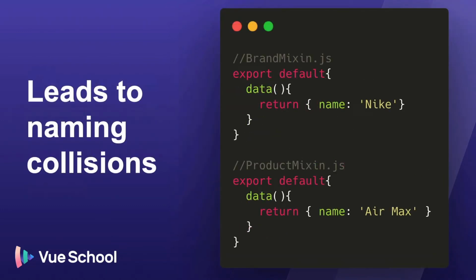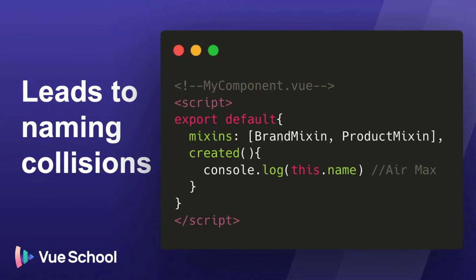Secondly, mixins can easily lead to naming collisions. For instance, you might have a brand mixin and a product mixin that both set a name property. Then, attempting to use both at once would cause one of them to be lost.